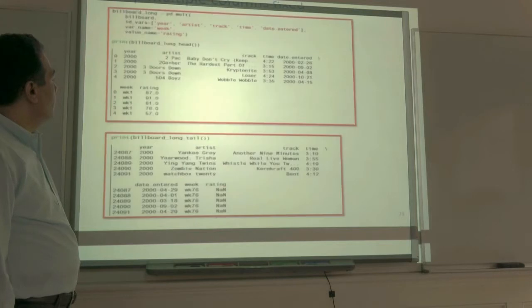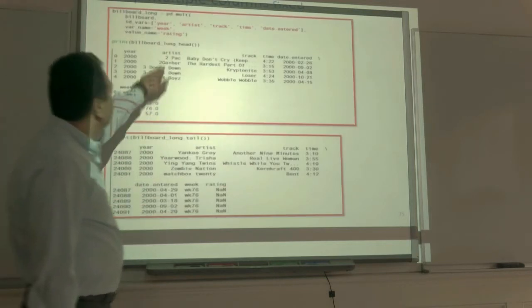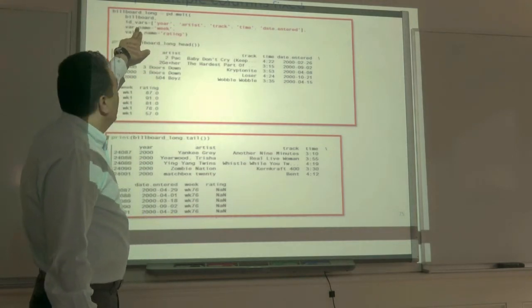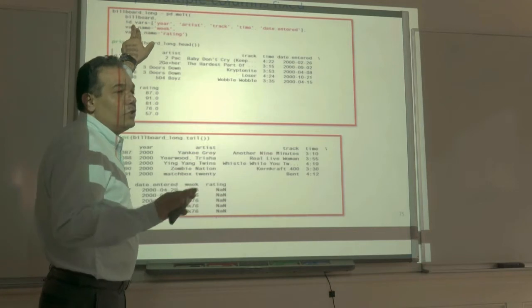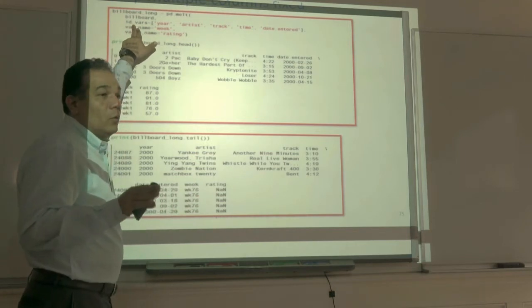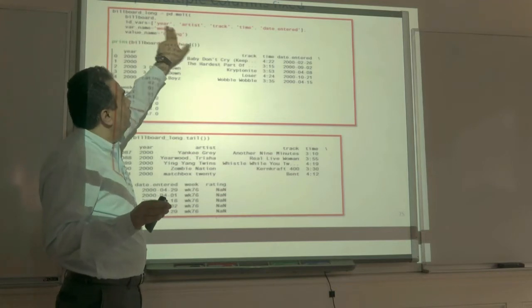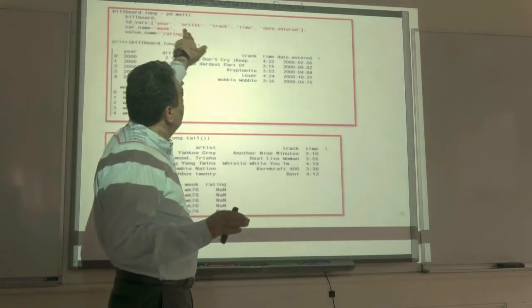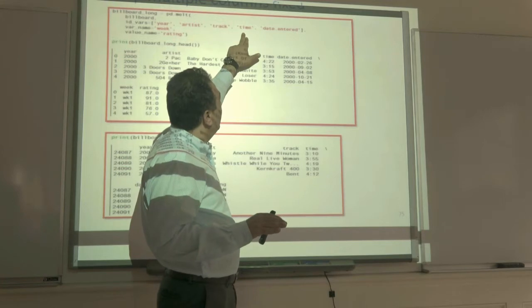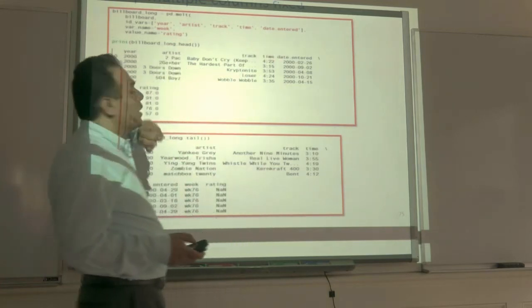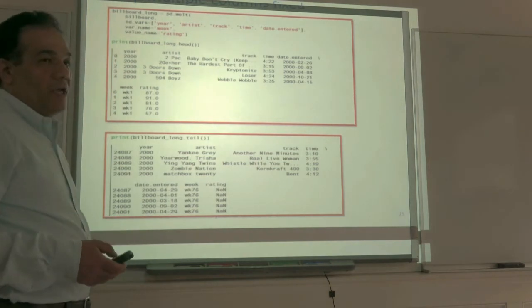All right, so what we do, we're going to melt it. Whatever is in id_vars will stay without melting. So we don't want to melt year, artist, track, time, or date entered. We're going to melt everything else.